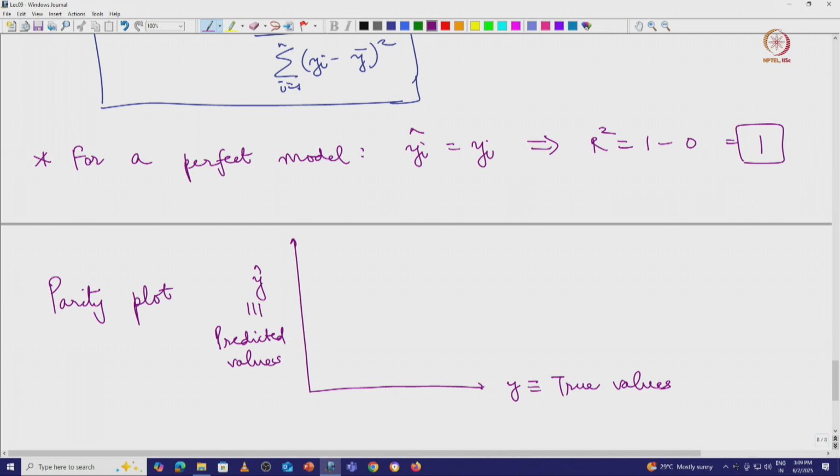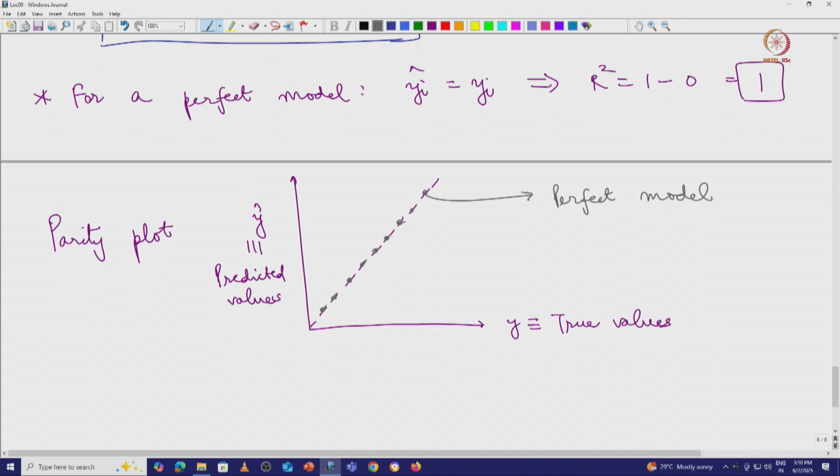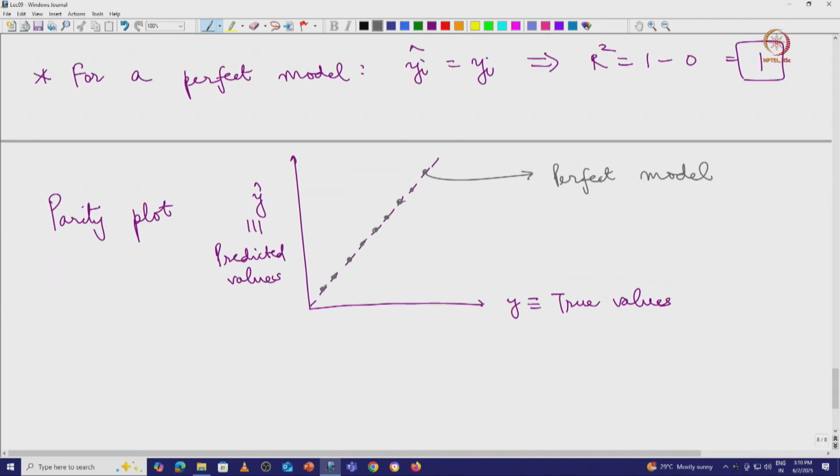And this is the line that is y hat equal to y. So for a perfect model, all the data points will lie on this particular line.